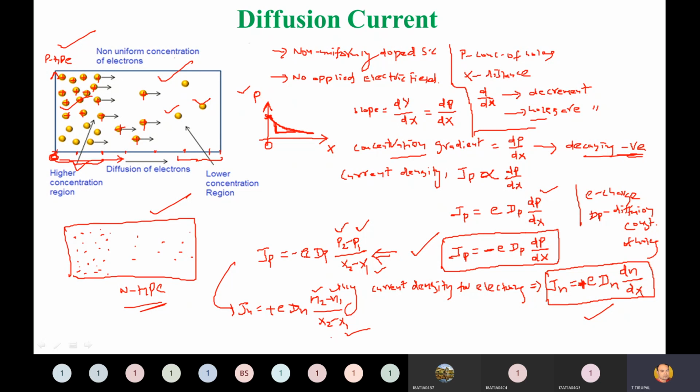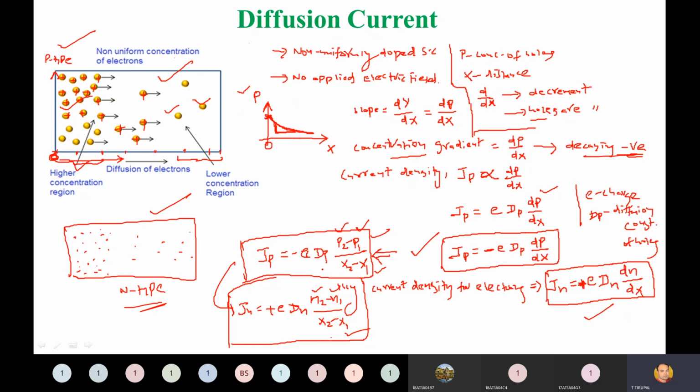So if it is given in the problem like this, then you can apply these formulas. Jp is equal to minus e dp into p2 minus p1 divided by x2 minus x1. Jn is equal to plus e dn into n2 minus n1 divided by x2 minus x1. Right? So this is regarding diffusion currents and their current densities.